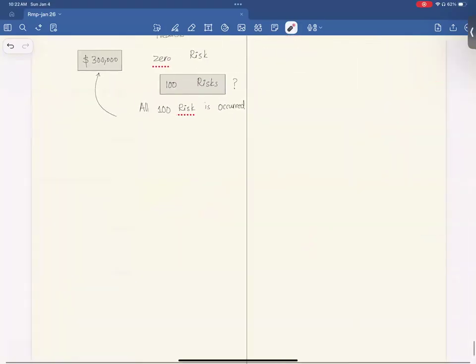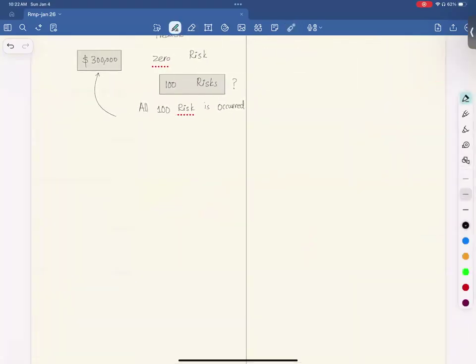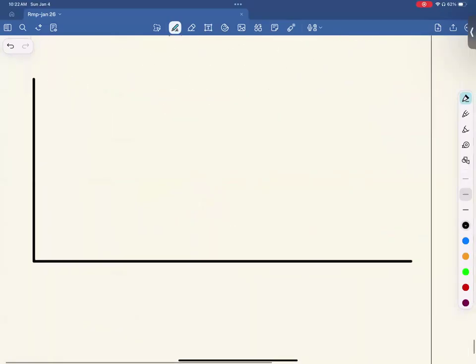So Monte Carlo simulation gives you a curve, right? Like this. Here you have probability on one axis, and here you have expected project duration or expected budget.